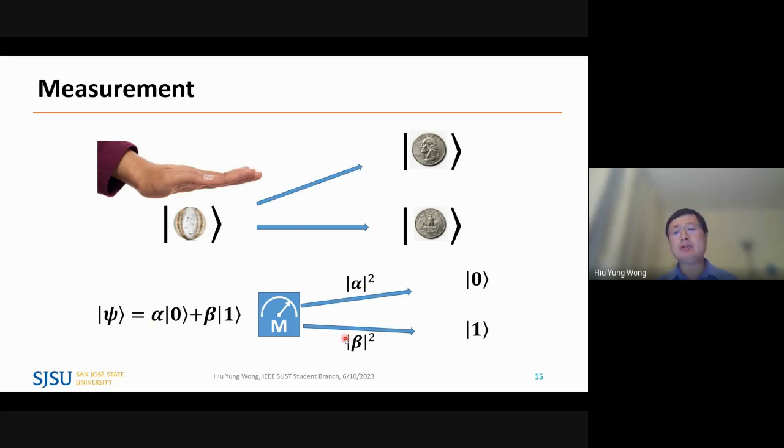And the probability that you collapse to 1 is proportional to the square of the magnitude of the corresponding coefficient. And that's it. No one can gamble whether it will collapse to 0 or 1 if you measure it. So that is the special thing about measurement. It's random, you cannot predict, and also it will collapse to the basis state.